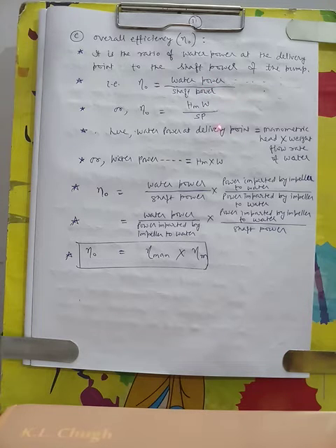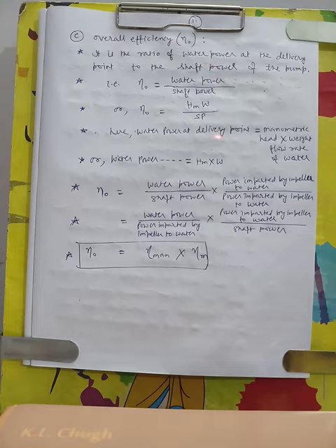Finally we get a different power at the outlet of the pump. So there are three steps: one is the shaft power, another is whatever power the impeller gives to the water, and the third is the net power available at the delivery point after losses.